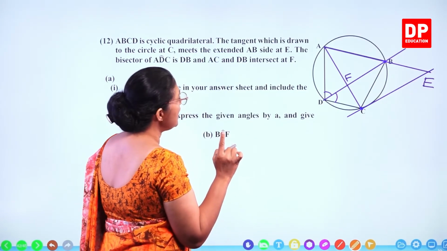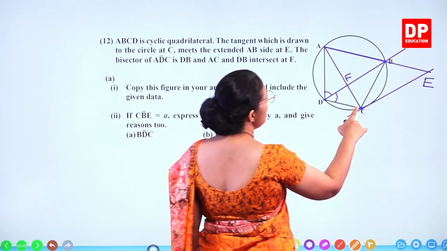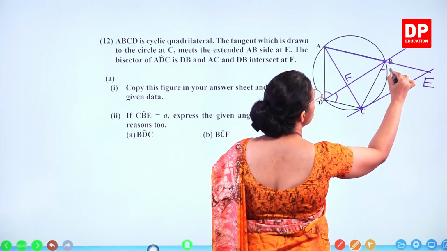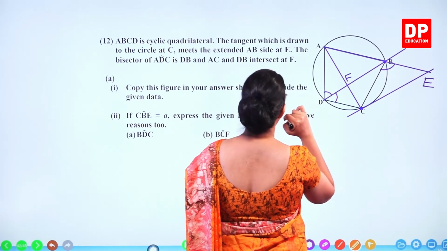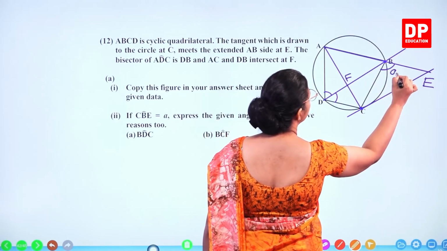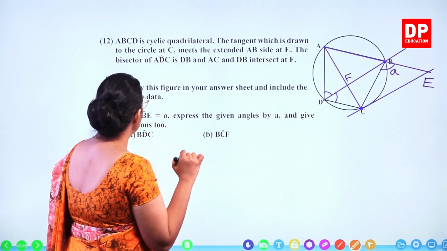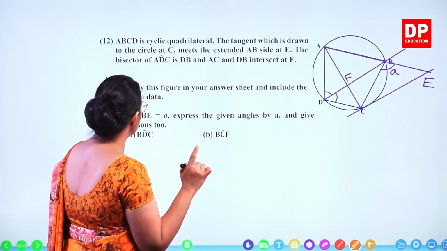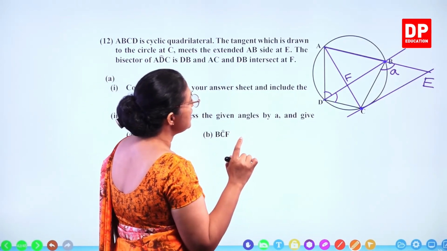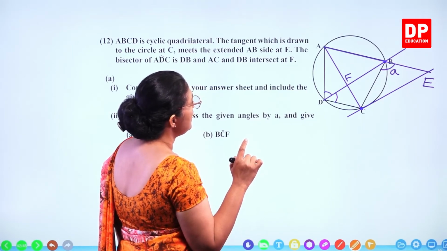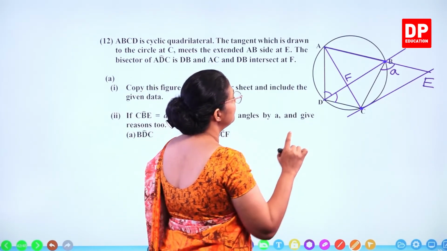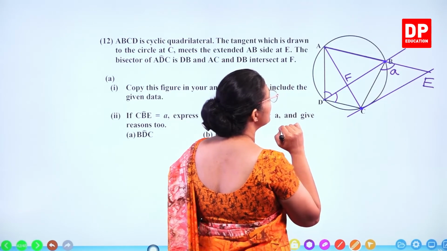If CBE, this angle is A. Express the given angles by A, giving reasons, to BDC. This angle.